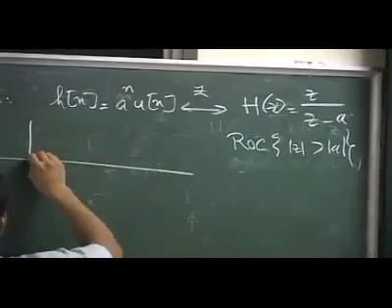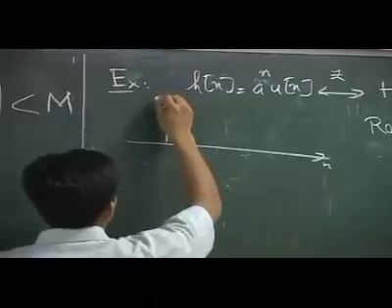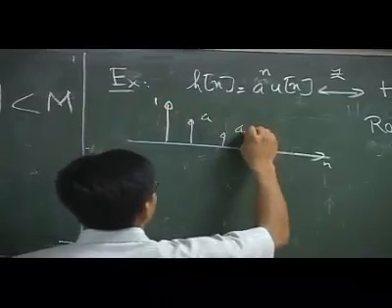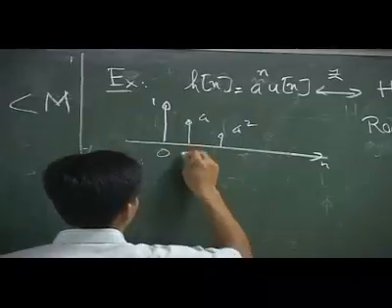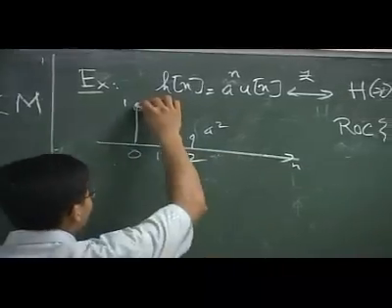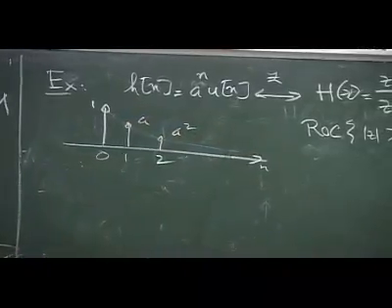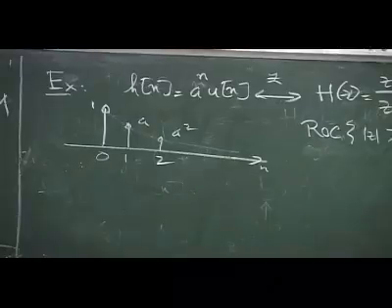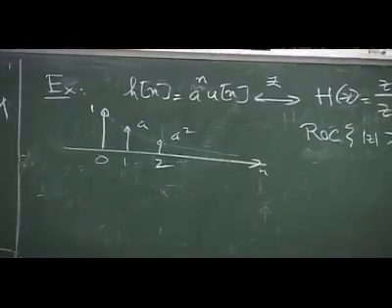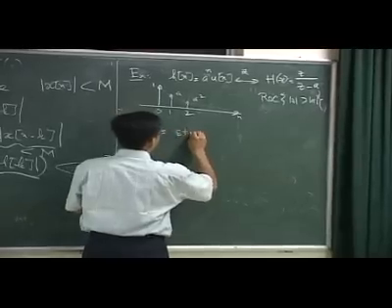So this is a sequence like this. Here is n, and here we have 1, a, a squared, and so on, at 0, 1, 2, and so on. That is the sequence, having this kind of behavior. And for what a would that system be stable?